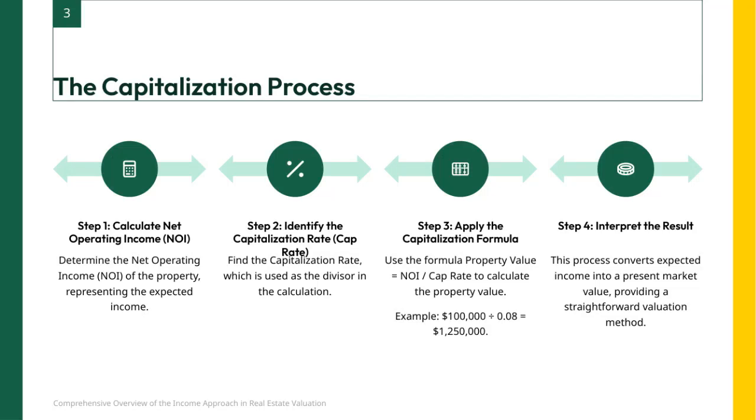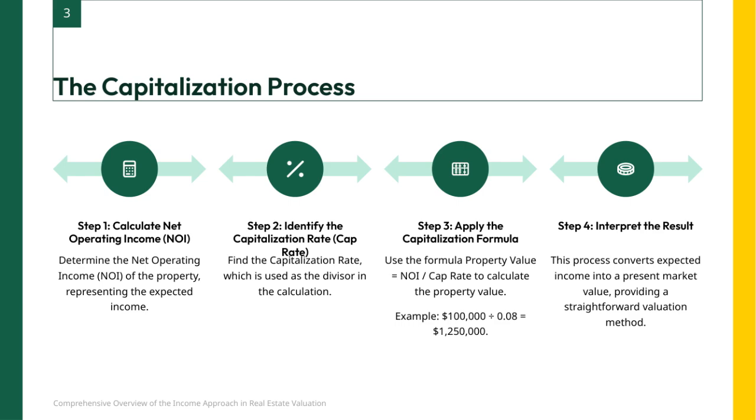Let's walk through the capitalization process step by step. First, we calculate the net operating income, or NOI, which is essentially the expected income generated by the property after operating expenses. Next, we identify the capitalization rate, or cap rate, which acts as a divisor in our calculation and reflects the expected rate of return. Then, we apply the capitalization formula.